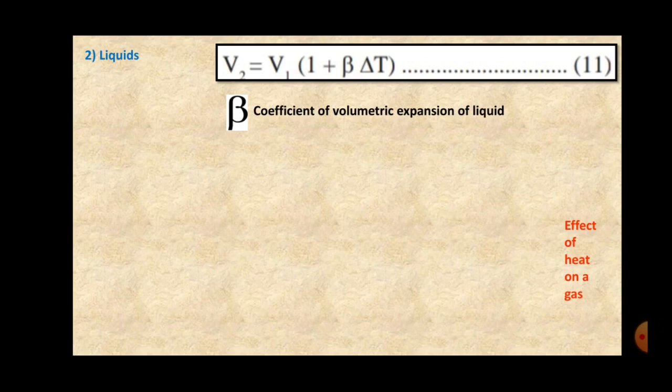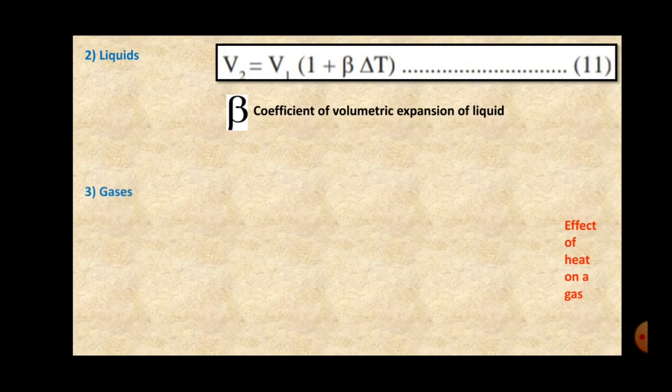V2, that is the second volume, is equal to V1, the original volume, times 1 plus beta, change in the temperature. Triangle T means change in the temperature, and beta is the coefficient of volumetric expansion of the liquid. Just it is for your understanding. No need to get scared looking at this equation. Okay.